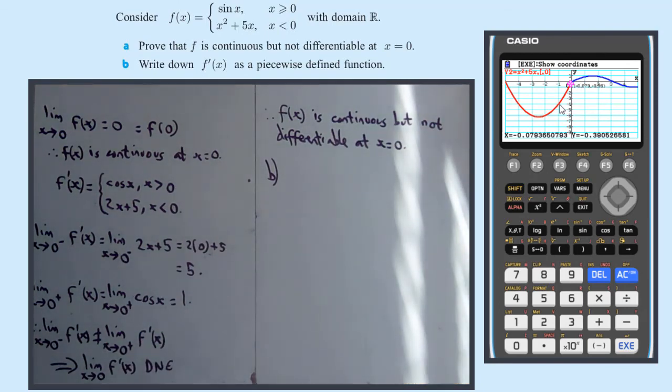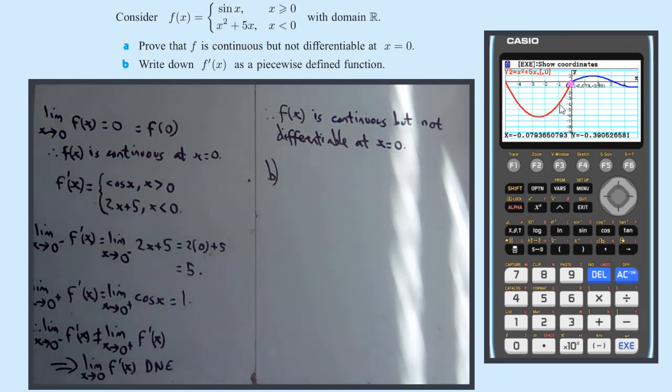Okay, for part B, we've already kind of answered it. As I alluded to earlier, we used the piecewise definition for the other bit, but now we can really talk about it properly, because you need to make sure it's defined consistently with the original piecewise function. You can't include 0. Basically, the derivative is undefined at x equals 0 because it's not converging to anything. There's clearly a disconnect in the derivative. You're approaching 5 from one direction and 1 from the other.